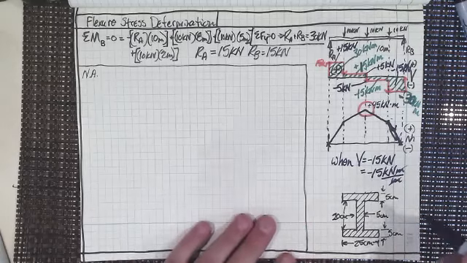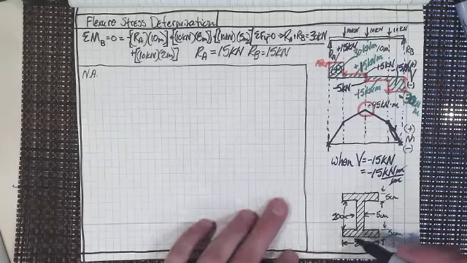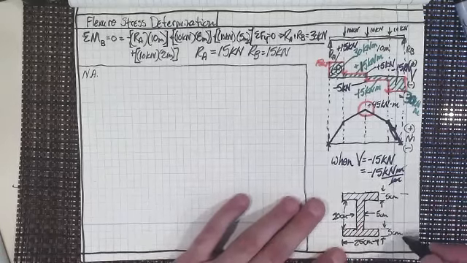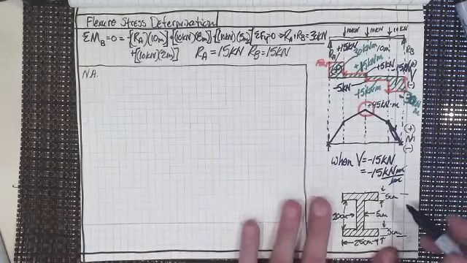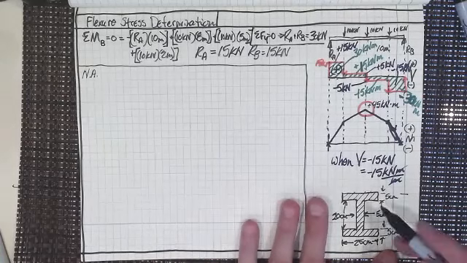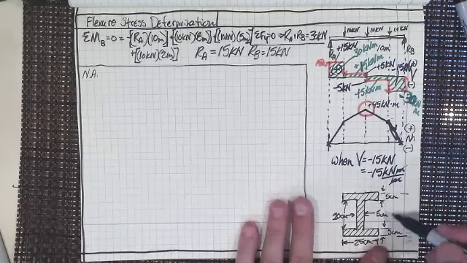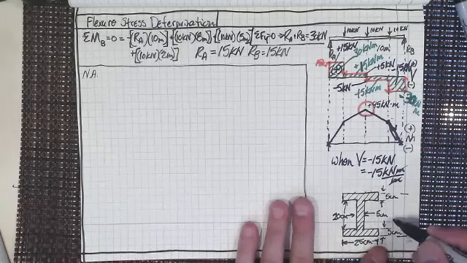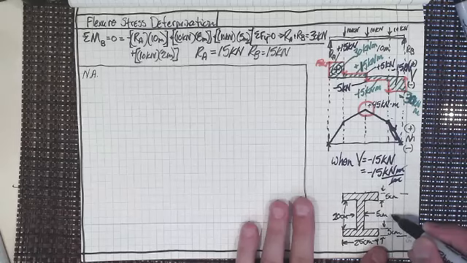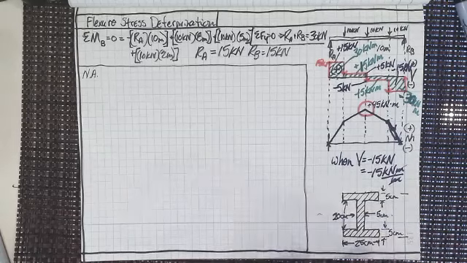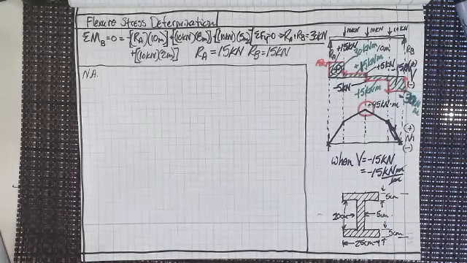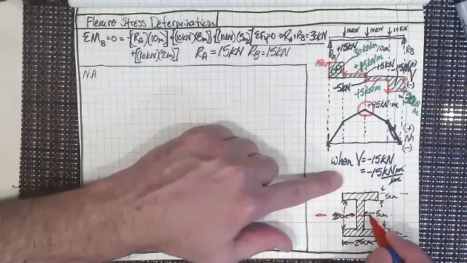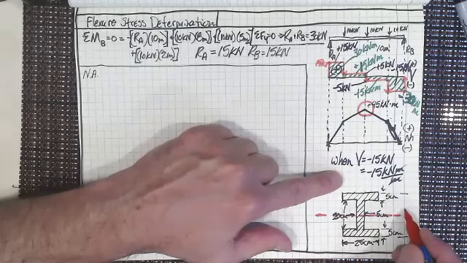But for this first problem, I want everybody to notice that this is symmetrical about this, right? So if this is 20 centimeters, 5 centimeters, and 5, then right in the middle of this 20 is going to be our neutral axis, right? I'll just draw the neutral axis in there right now. This is going to be our neutral axis.